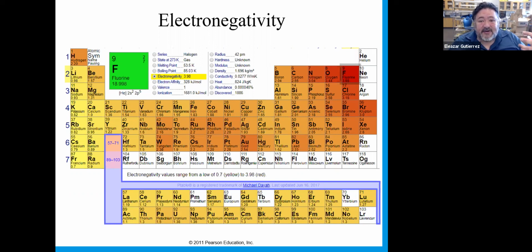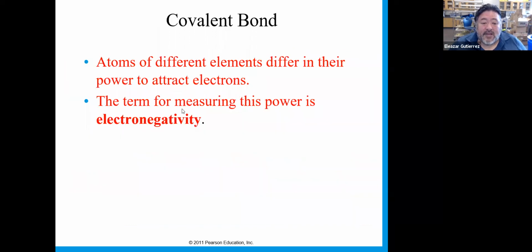Why does this matter? Well, now you have a molecule that has a net negative charge on one side and a net positive charge on the other side, and it's working like a little magnet and has a tendency to make other things stick to it. Hydrogen bonding is very, very important in life. Okay.